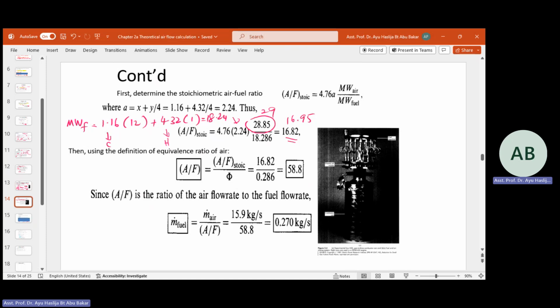Okay, yang AF stoic. Once dah dapat AF stoic, sekarang kita nak cari AF actual. Bahagi dengan equivalence ratio.